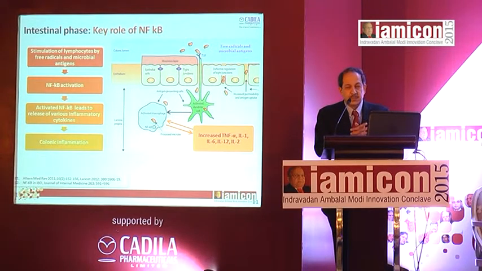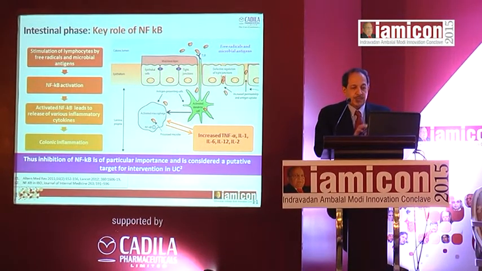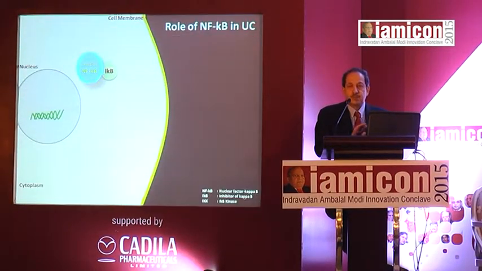What research workers have tried to do is to focus on each of these steps and try to develop certain agents which can be beneficial to treat these patients. One of the important endpoints of a lot of these treatments is inhibition of the NF-kB pathway, so that ultimately is one of the final common pathways.